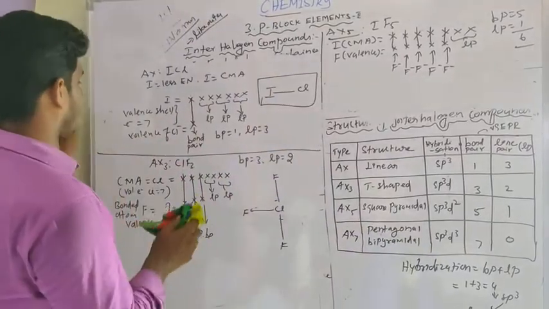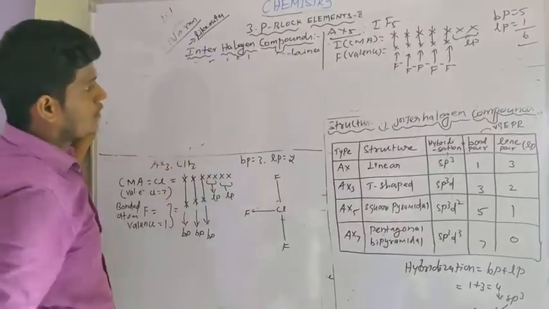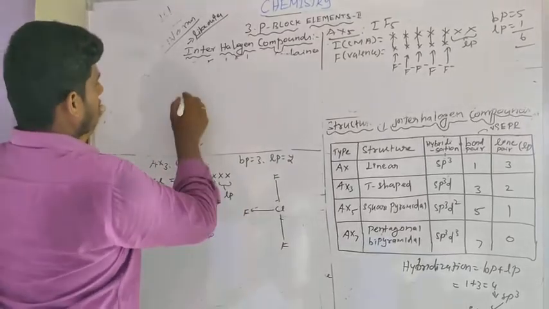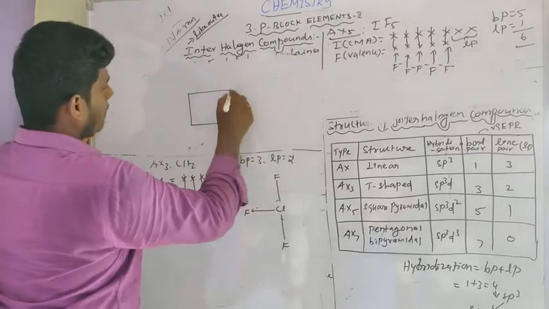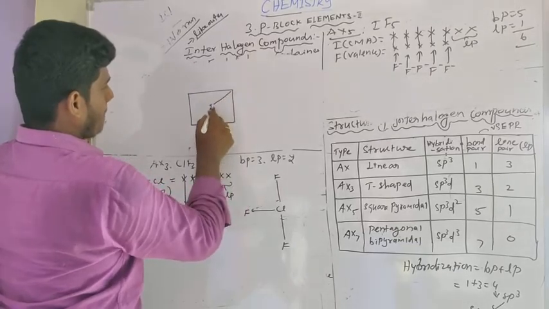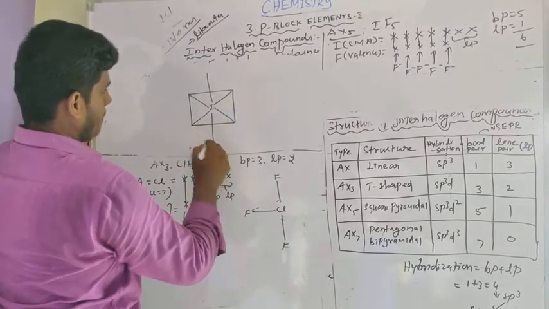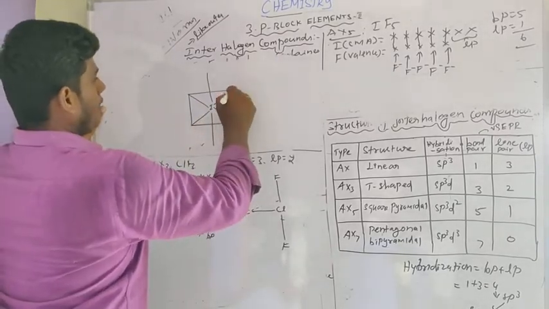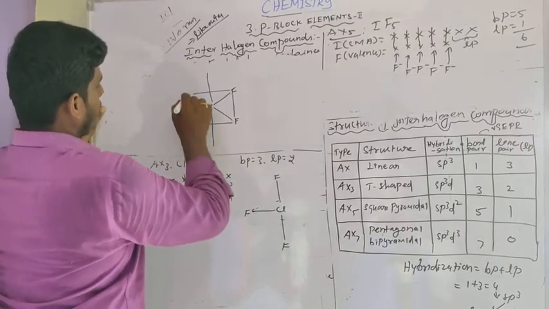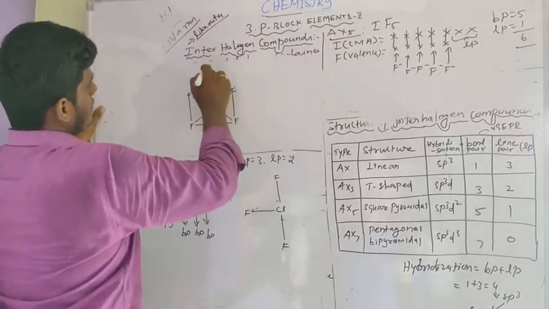How do we draw the square pyramidal structure? The hybridization is sp3d2, octahedral. Here is iodine, with one fluorine, another fluorine, another fluorine, another fluorine, and one more fluorine.